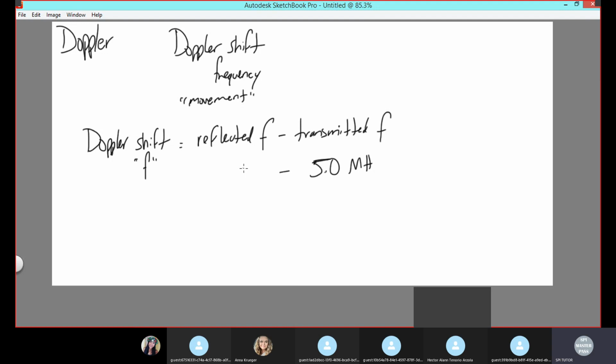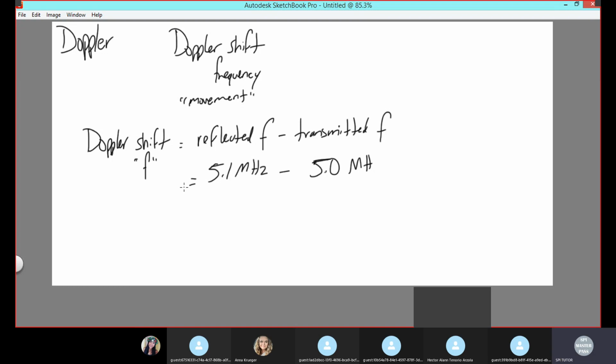And let's say that what came back from this moving, let's just call it blood, since we're going to be pretty much only talking about blood. Let's say that this 5 megahertz hit the blood, and then the blood created a reflection. And that reflection was 5.1 megahertz. So it was higher than what was sent out.